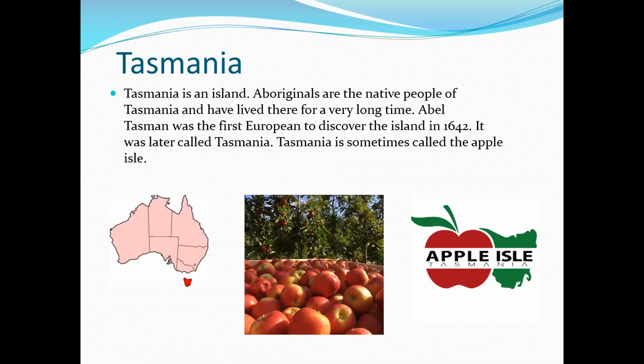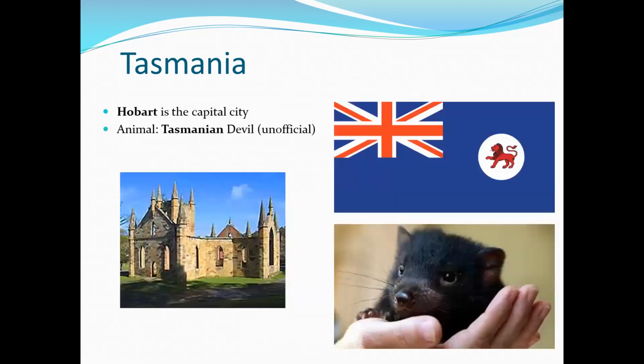It was later called Tasmania. Tasmania is sometimes called the Apple Isle because it produces most of Australia's apples. The capital city is Hobart, and the unofficial animal symbol is the Tasmanian devil.